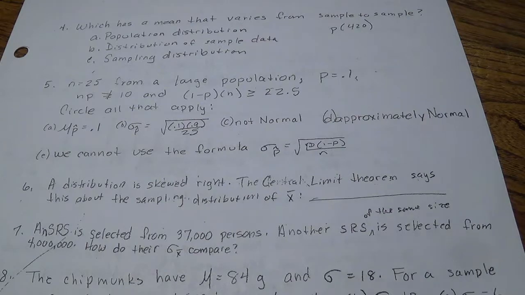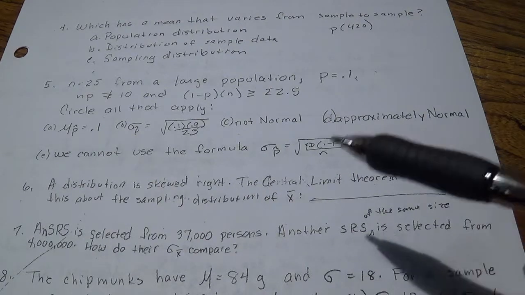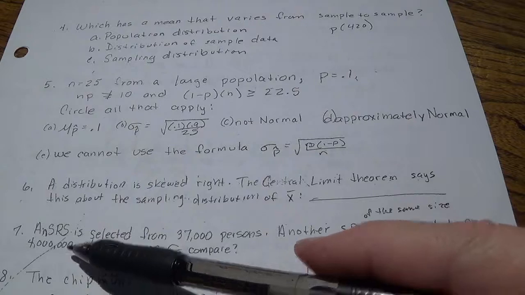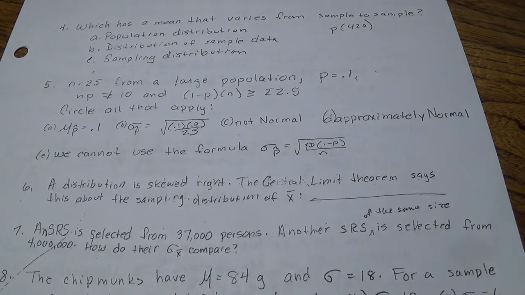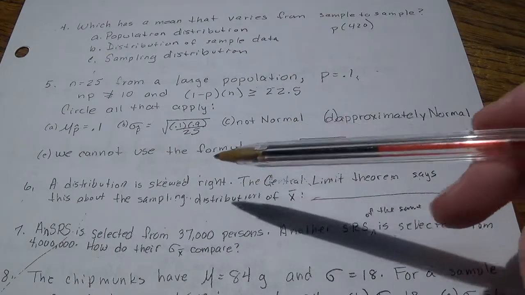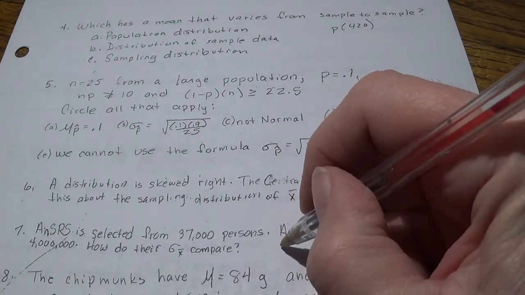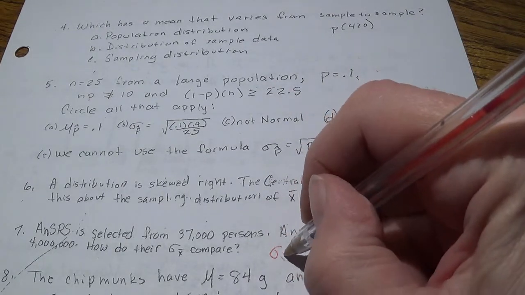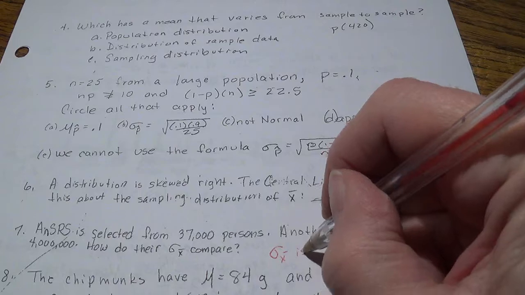We're looking at spread here, and the only thing that's changed is the size of the overall populations the two were selected from. It turns out that the spread, the standard deviation of x bar, will be the same. The size of the population does not affect spread. Since we are keeping the sample size the same, the standard deviation of x bar is the same.